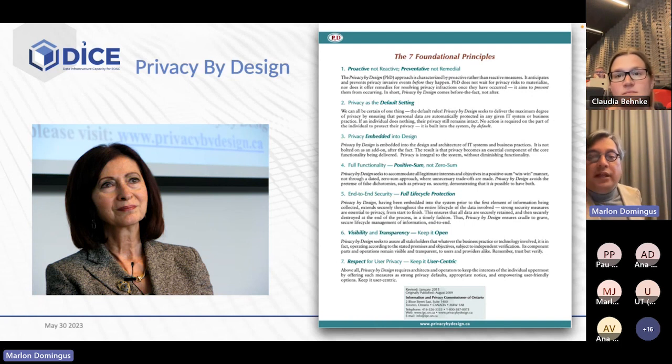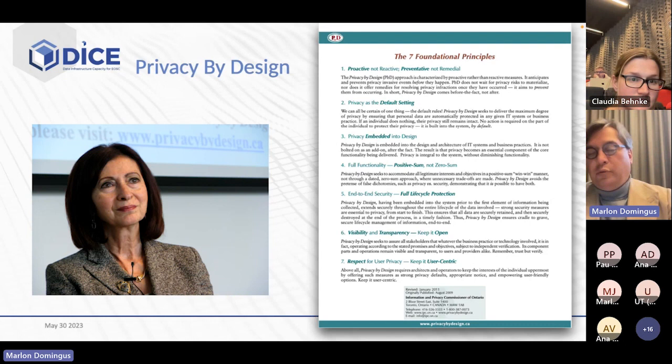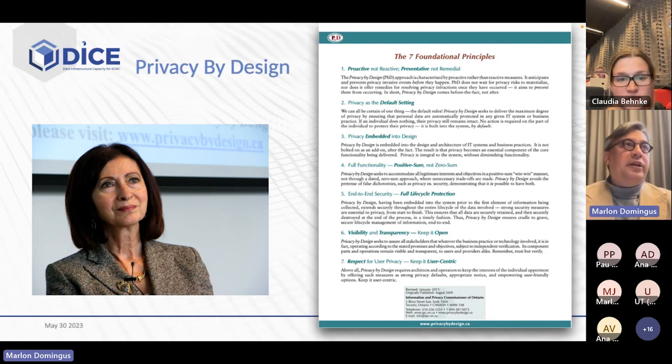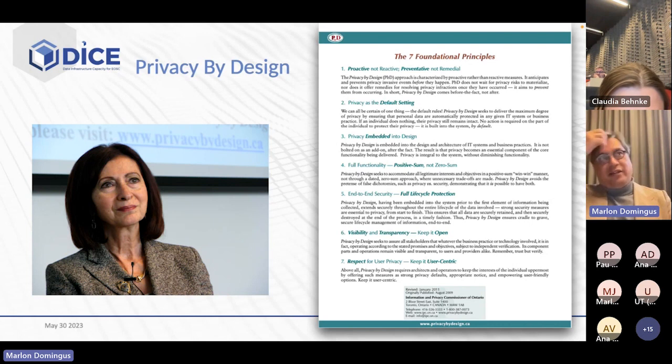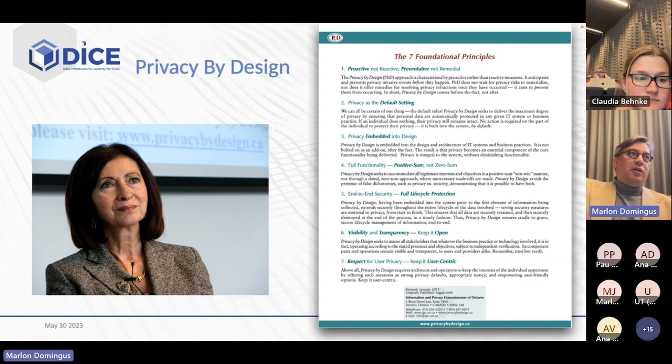She came up with these foundational principles, and some of them speak for themselves. I just wanted to focus on number 4, full functionality: positive sum, not zero sum. That one took me the longest to understand, because sometimes you get these rhetorical false dilemmas. For example, COVID: we need to sacrifice a bit of privacy because of public health. There's a balance, and one has to let go because of the other, so the result is a zero-sum game.